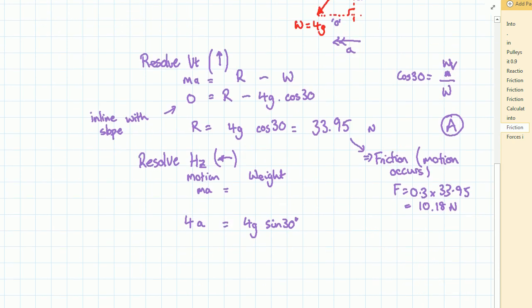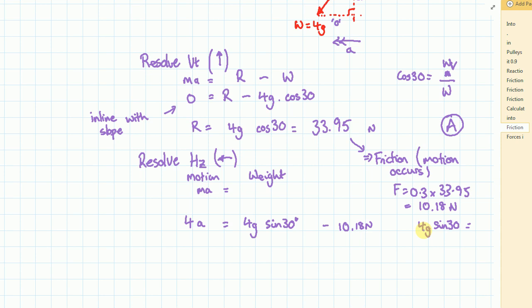And we can confirm that we're going to get motion by comparing that 10.18 newtons to 4g sin 30, which is 19.6 newtons.